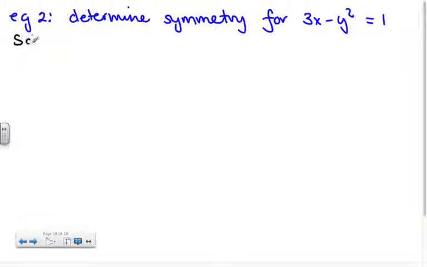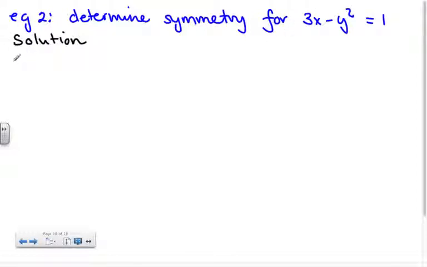So we just want to show the symmetry for this. The easiest way to do it is to start by plugging in negative. I don't want to sit and go through all the work, but if you can see that there's a square involved, you always want to start with your negative. You want to start with whatever side has a power to it.